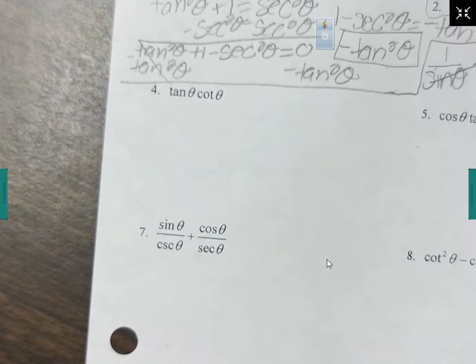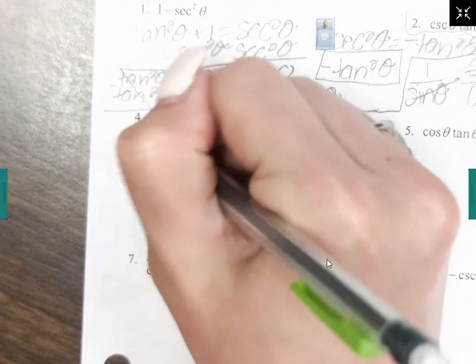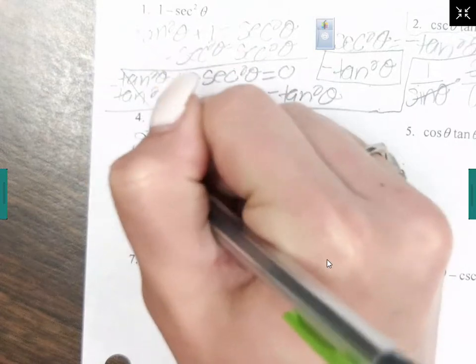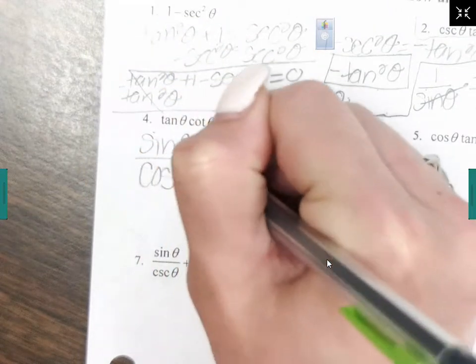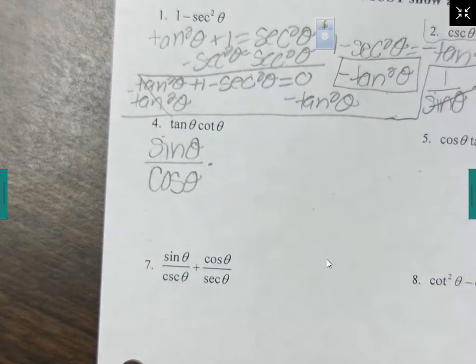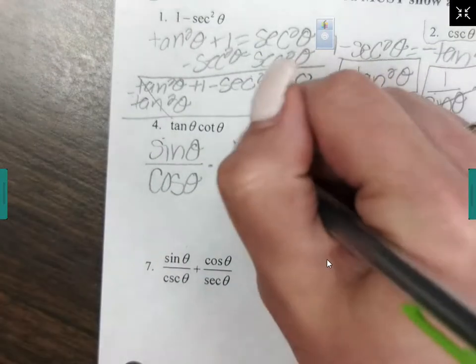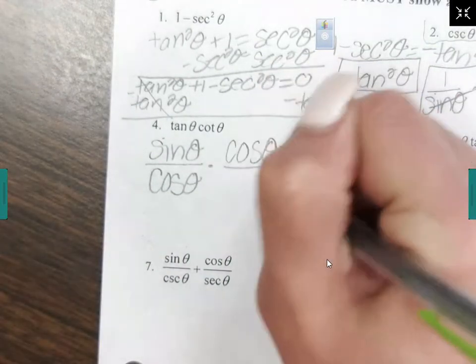Do you remember me asking you to put those big stars? Remember, every time we want to write in sine of theta divided by cosine of theta. Thank you. And Hiram, how can I rewrite the cotangent of theta? Very good.